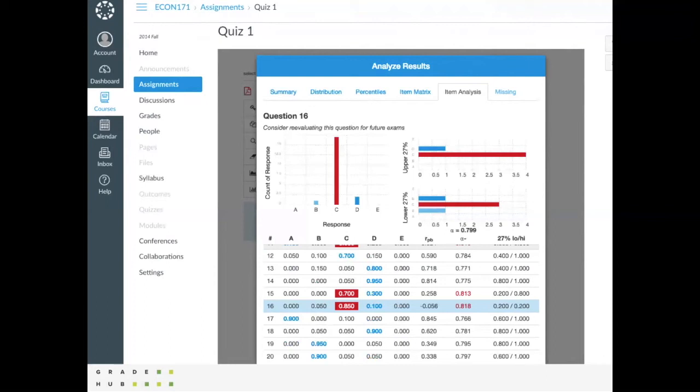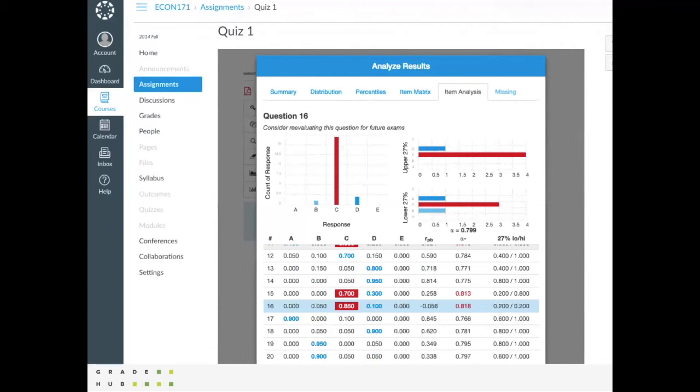It seems that 85% of the students who are exposed to this item are responding C, which is the incorrect answer. That doesn't necessarily by itself mean that it's a terrible item, if the majority of those students who were answering C were the low performers in general.